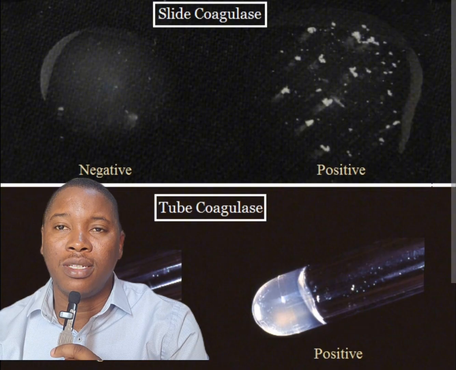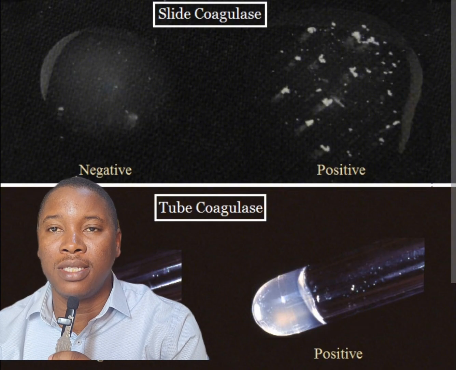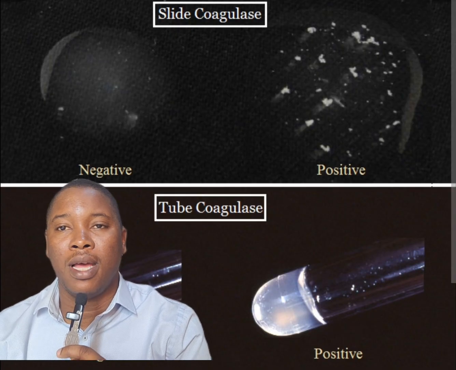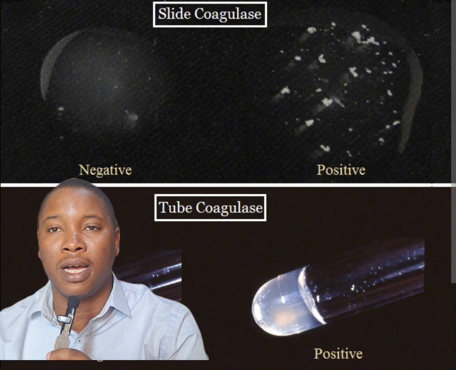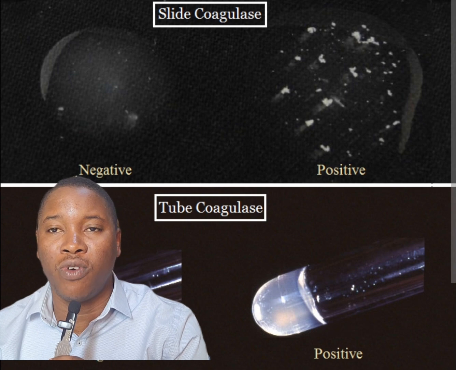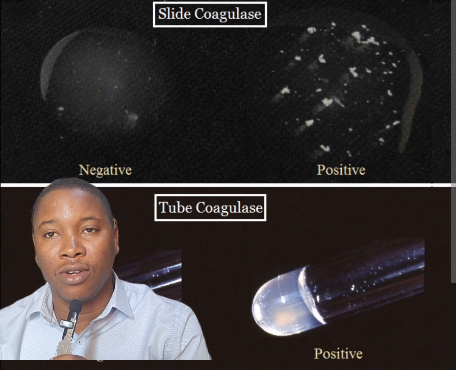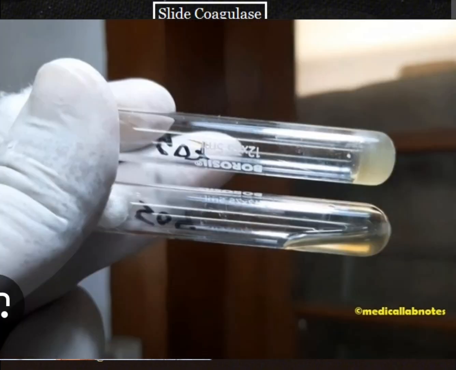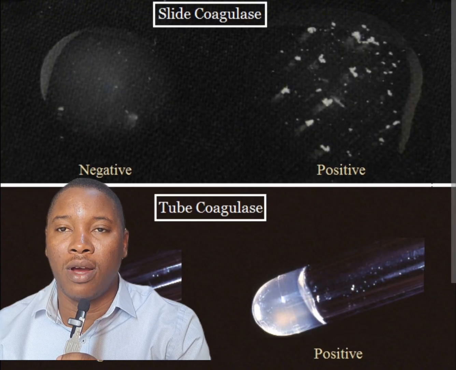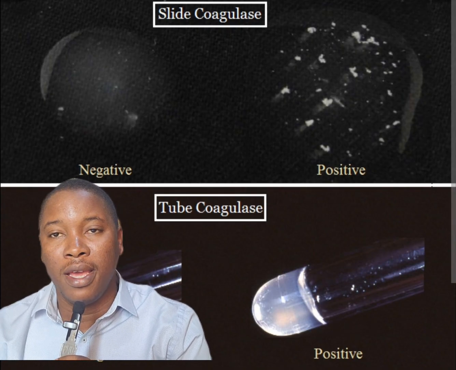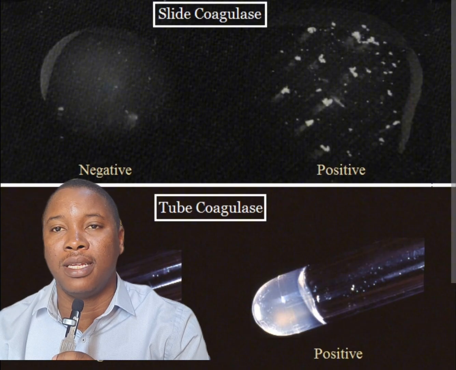You have your distilled water, then you have your rabbit plasma, and you also have the control group, and then you inoculate this test tube mixture with your test organism, and then you have the control and you have the experimental or the test group, and then you incubate at 37 degrees for 2 to 4 hours, and you check. If you see agglutination, if you see a change in color, you know that organism is coagulase positive, and if you see no change in color, you know that it is coagulase negative. And then you can wait for 24 hours for the test tube test, the one you are incubating. You can wait for 24 hours to be certain about your results.